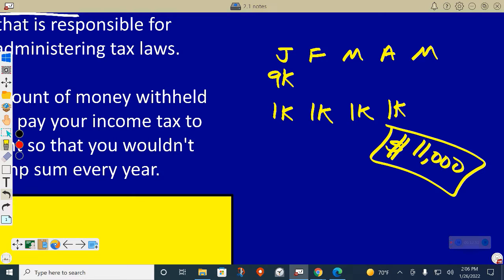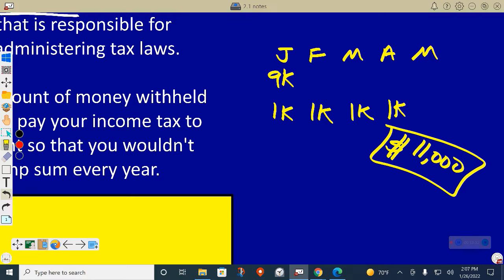So the government withholds money from your paycheck to help you pay them. Does that make sense? So that when you do your taxes at the end of the year, they've already collected the money they need from you, but if you owe more, then you pay more. But if they collected too much, remember we said they give it back to you? They give you some back if they withheld too much from you.